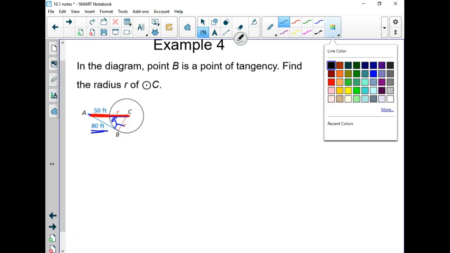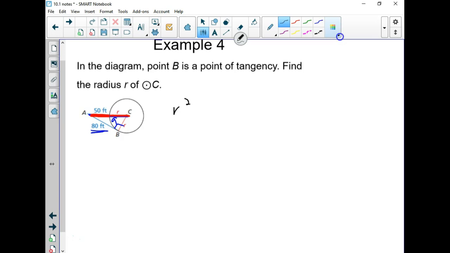Never mind. Okay, so we're going to do R squared plus the other leg, which is actually R plus 50 squared, equals, nope, that did the same thing I didn't want to do. Sorry, that is the hypotenuse.